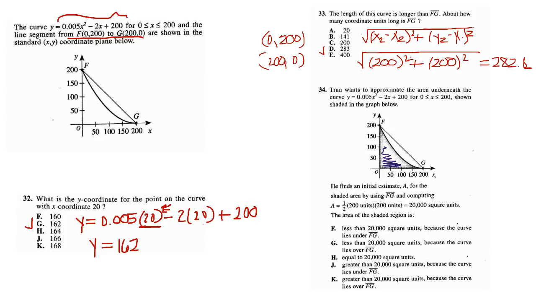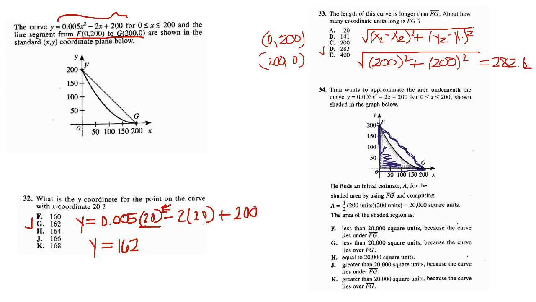So we have a big triangle here, FG, that he found the area of. So the question is, is the area that we found with the triangle more or less than the area under that curve?